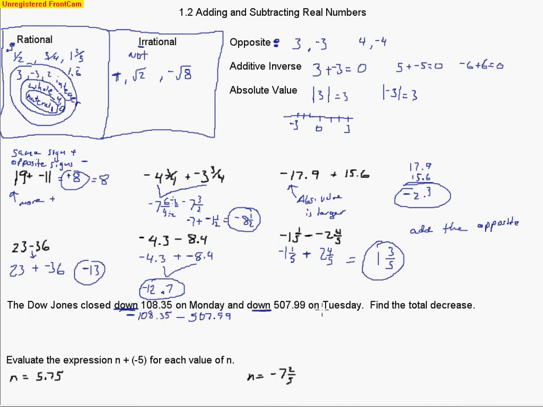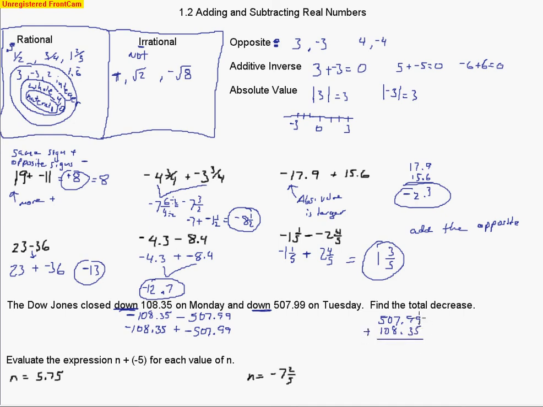And so when we do this, we are going to add the opposites. Now watch what happens. So it's negative 108 and 35 hundredths. Add the opposites. So negative 507 and 99 hundredths. And so when you do this, you just have to line up the decimals. So 507.99. We got the 108.35. And then we add these numbers together.